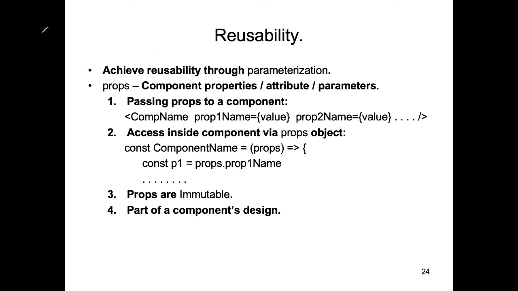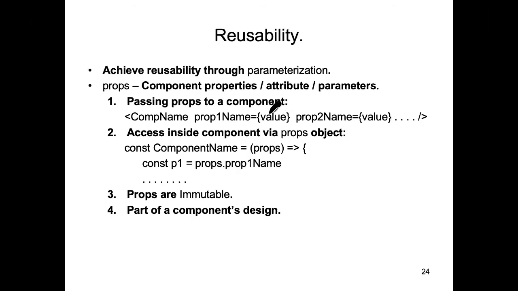Well, the first one is how do we pass props in, and we've actually seen it already, but we use this key value syntax, which is a very HTML-like syntax. So this is the name that I want to give to the parameter or to the property. Give it anything you want to. The value that you assign to it, you have to wrap in curly braces. That has to be evaluated first because there could be an expression here.